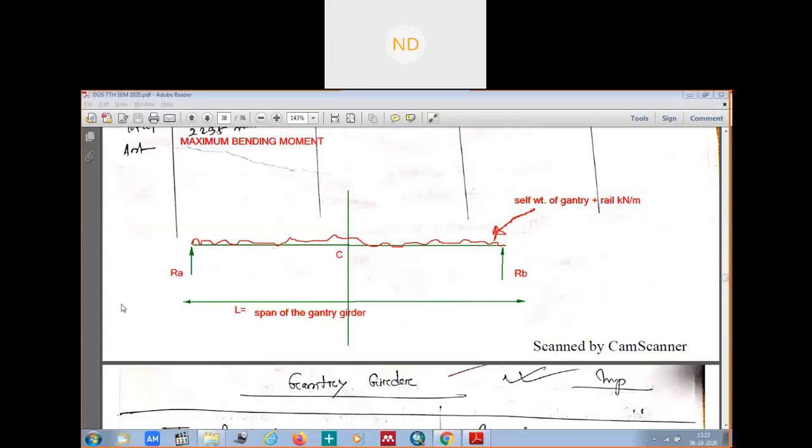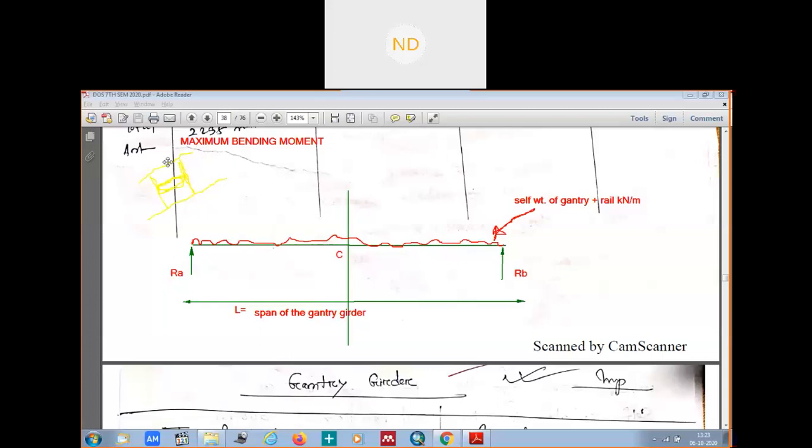If you see your gantry girder, your crane girder, this is your crane girder. This is here your trolley. So we have on the gantry girder a rail section above this, as well as this crane girder, which is moving from here to here, this way.